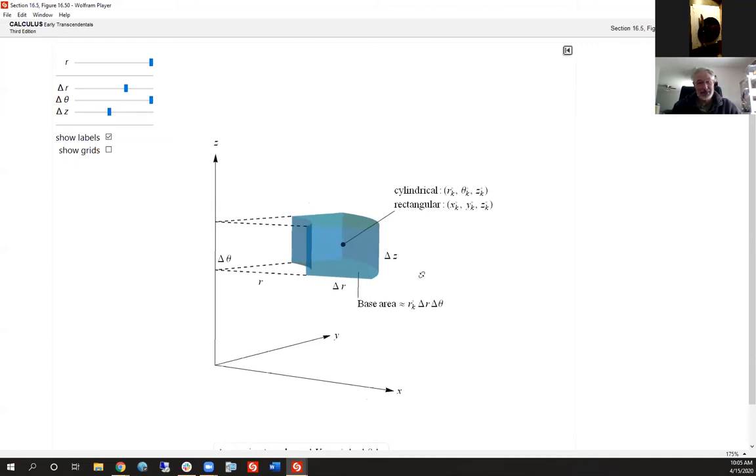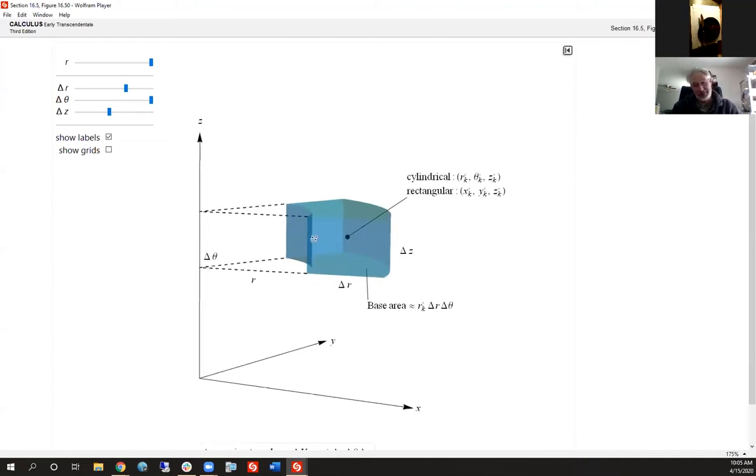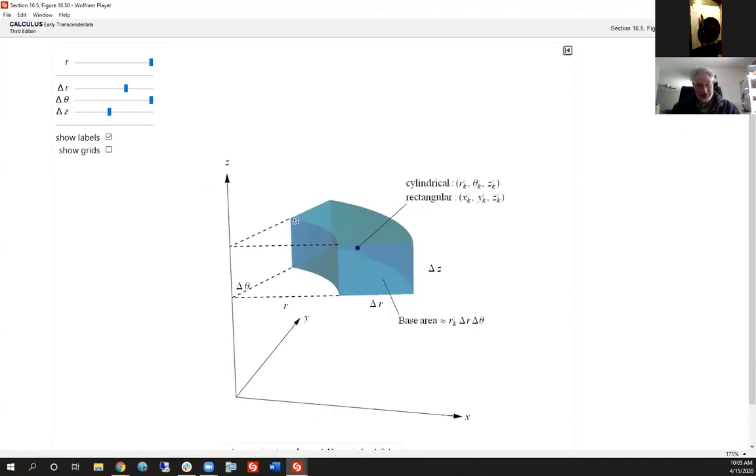We also have some height or some thickness, and so we'll have a dz. And so you might expect, and quite reasonably, that the volume of the box, so to speak, is going to be an r d theta times a dr times a dz, and that does indeed work.